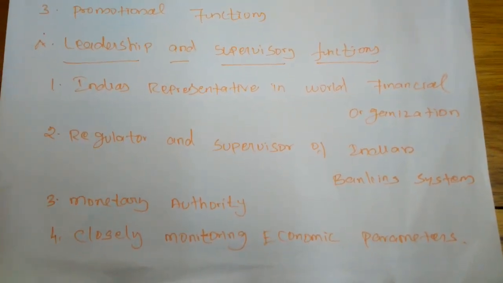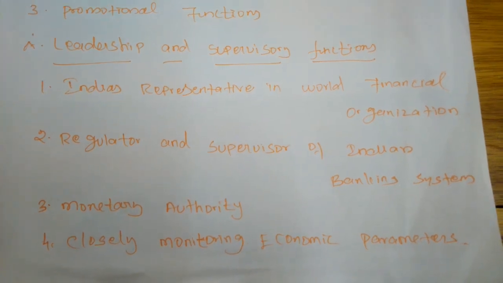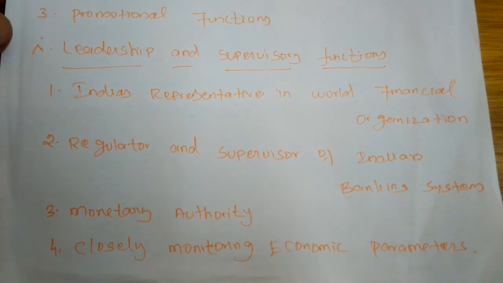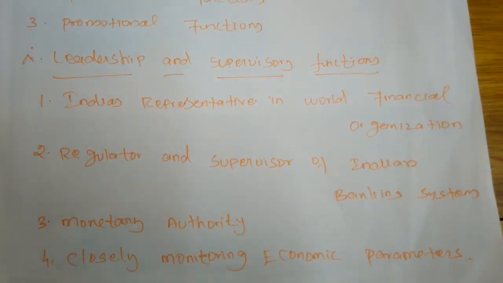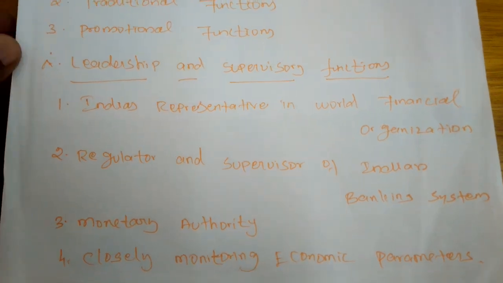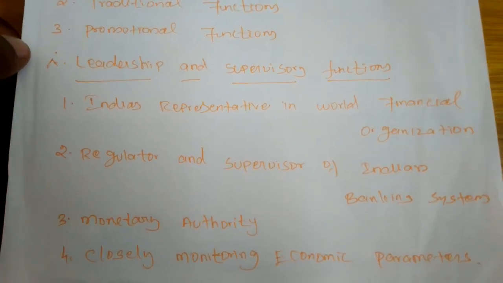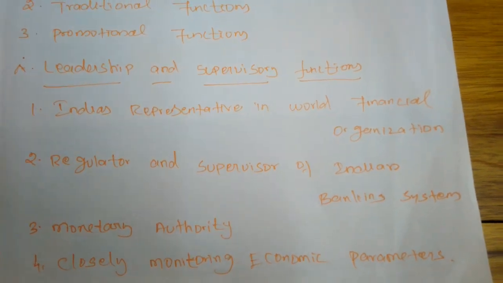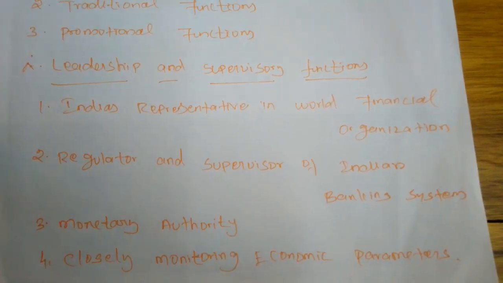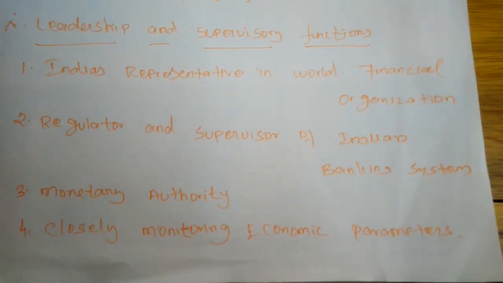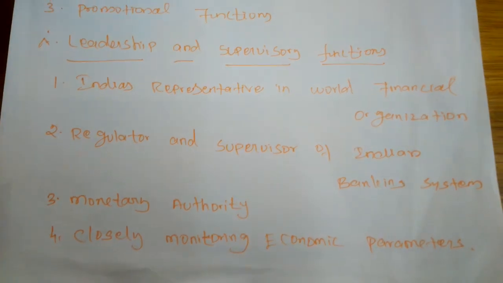Like all other nations, India can borrow money from world financial organizations such as the IBRD, World Bank, and the International Monetary Fund. But on behalf of the Indian government, only the Reserve Bank of India acts as a representative in world financial organizations.